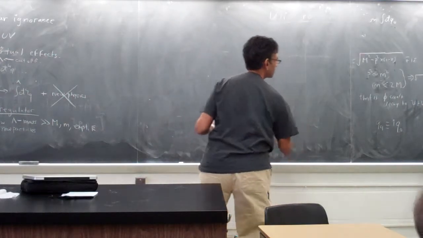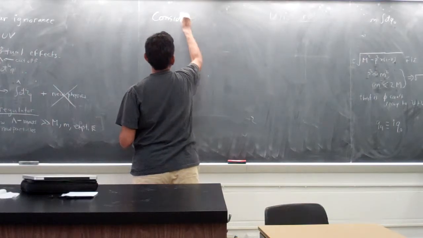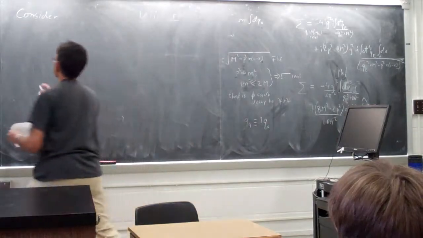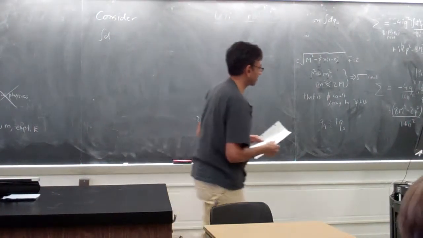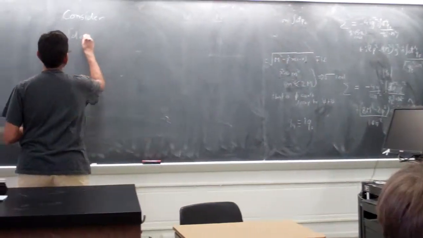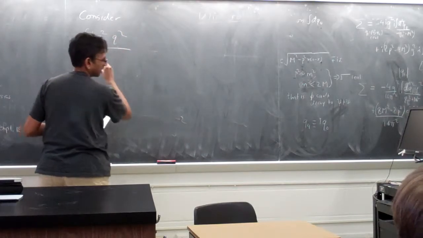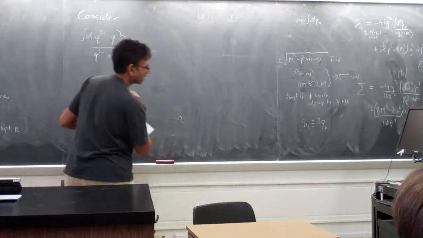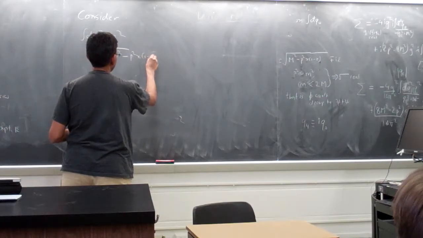So consider, for example, this term here. Okay? Integral. Oh, what the hell? Consider this second term. Integral dq squared, q squared over q squared plus m squared minus p squared x times 1 minus x.